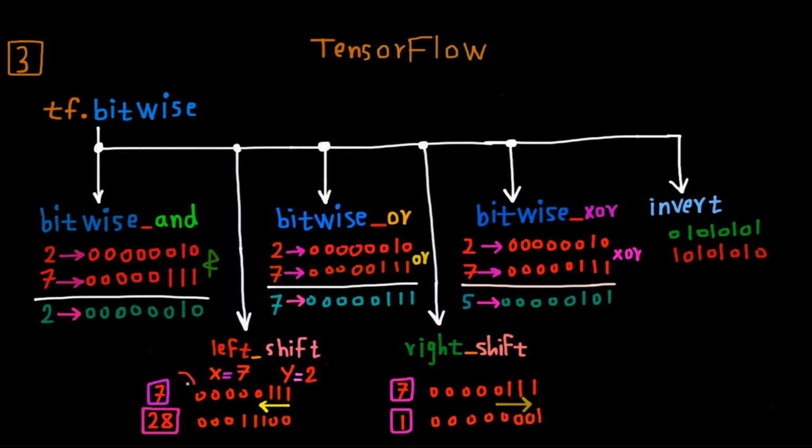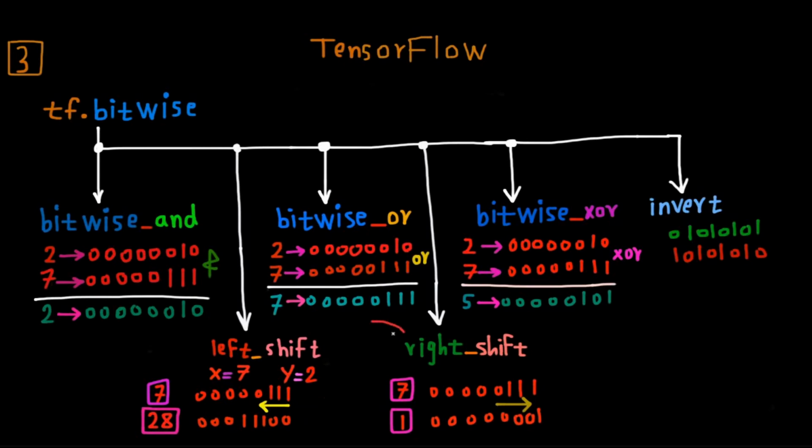And here is the binary representation of x. As you can see here, when we apply the left shift function on this binary number, all these bits inside this binary number will be shifted to the left by y, which in this case is 2. And here is the result of the left shift function, which is equal to 28 in the decimal system.